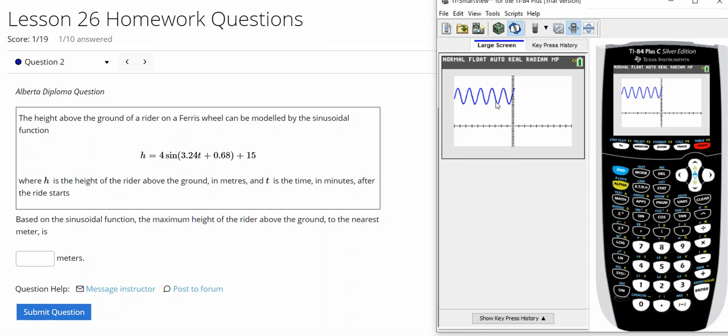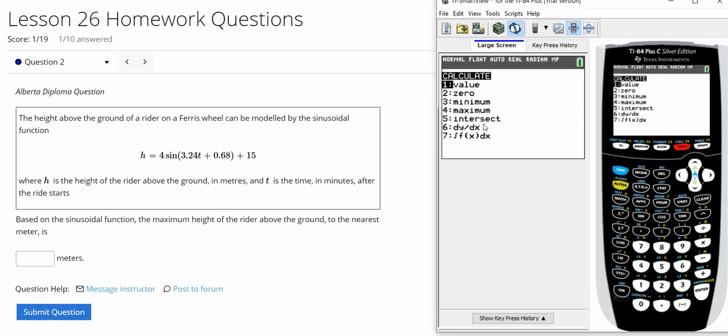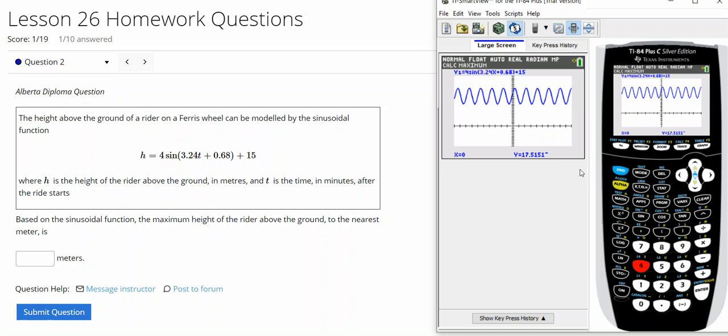Now again, I'm going to feel kind of silly here, because I'll show you how we can find that peak, that max, but we can actually see it just from looking at the graph too. So let's go 2nd, Calculate, and we're going to find the maximum.